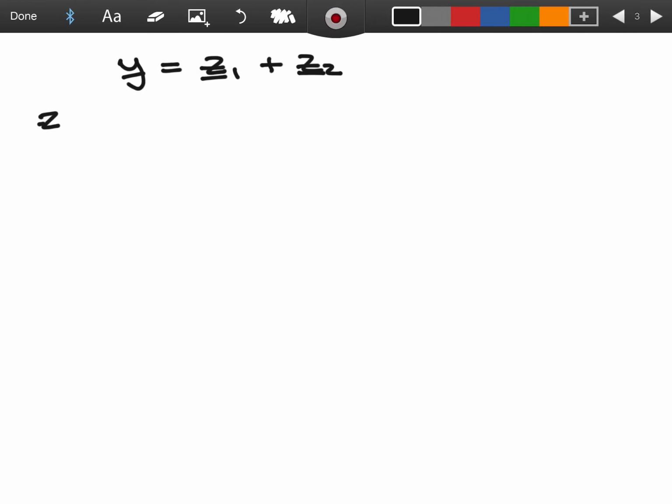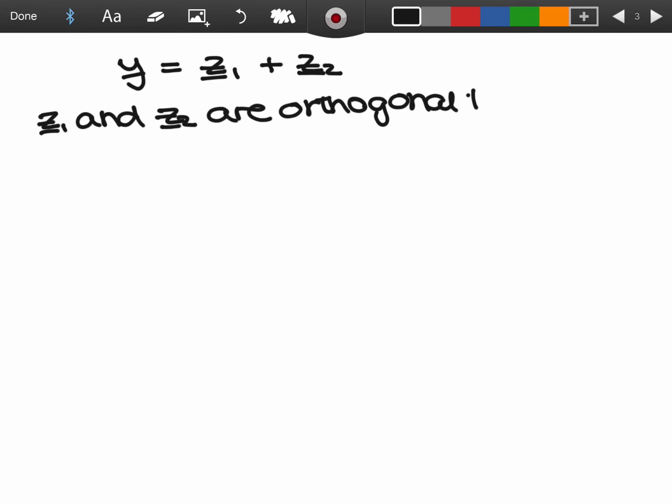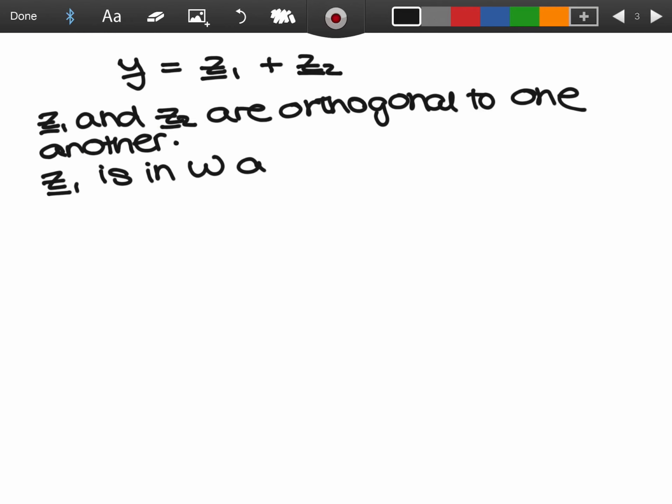Z1 and Z2 are orthogonal to one another. And you can say Z1 is in W and Z2 is in W perp.